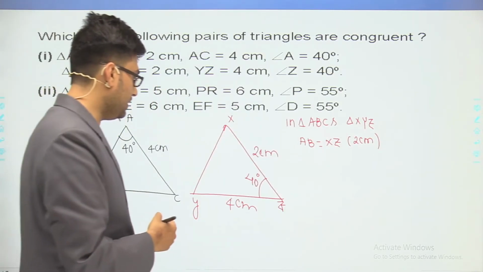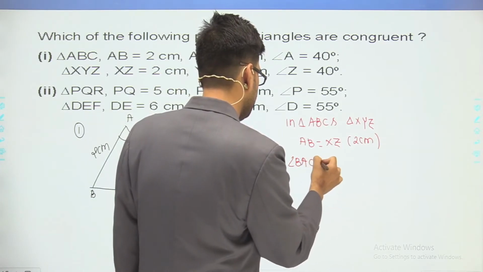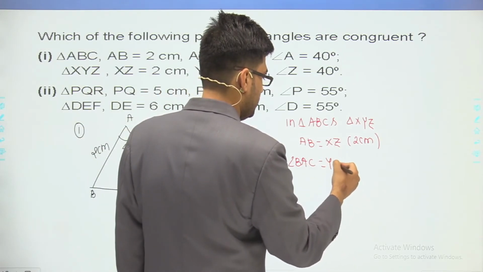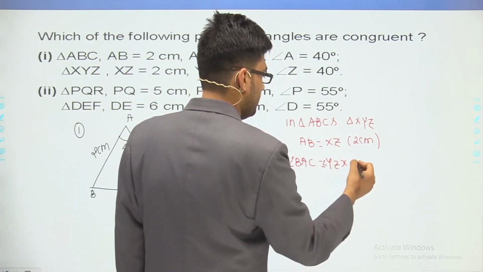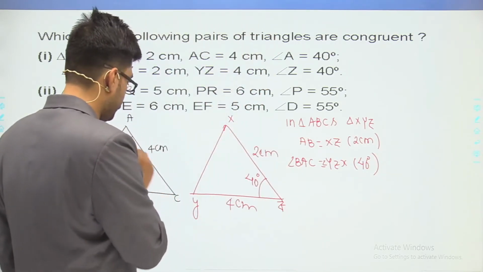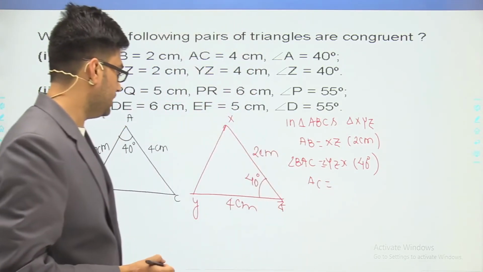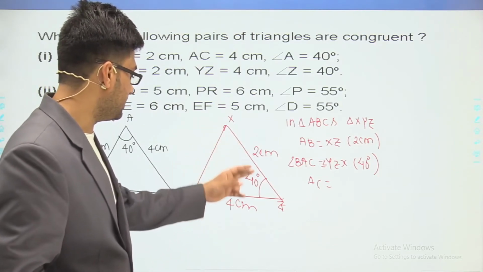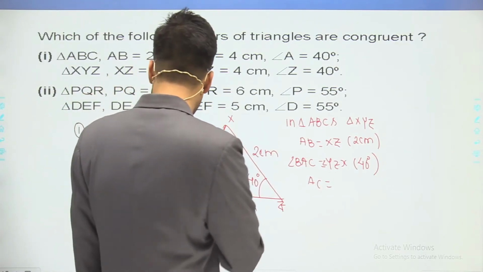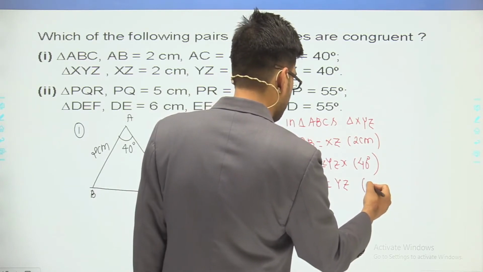And it is given that angle BAC is equal to angle YZX and both are equal to 40 degrees, and AC is equal to YZ. Here the name of this triangle is XZY. We can write XZY and YZX, both are equal. And AC is equal to YZ, both are equal to 4 centimeter.